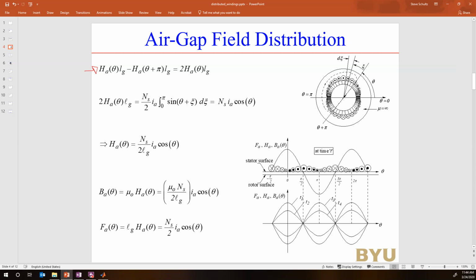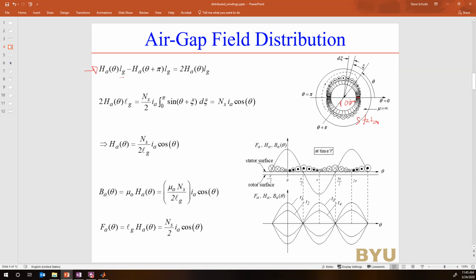We remember before that our rotor is going to be in here, and this is our stator. Most of our magnetic field is going to drop across that air gap. The air gap, which is this Lg, is going to define my magnetic field, because we're going to assume in this case that the permeability of our metals is infinite.